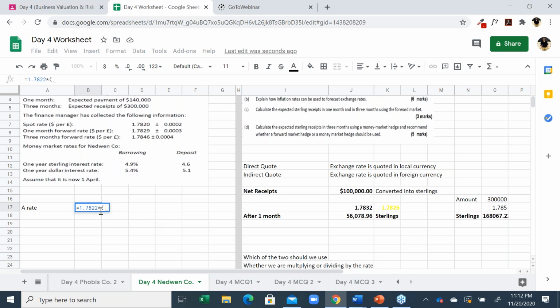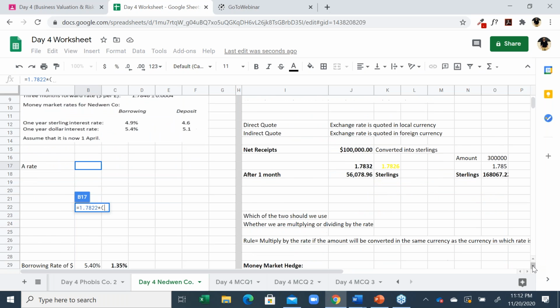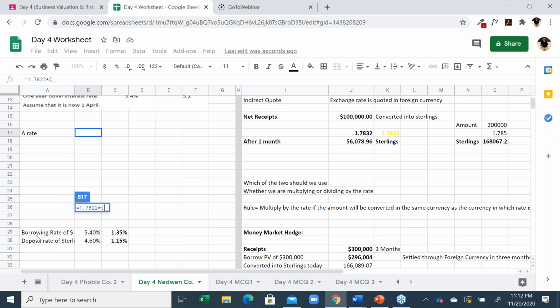As I told you, in the numerator we should always take the rate in which the exchange rate is quoted. The exchange rate is quoted in dollars. So in the numerator, we should pick up the interest rate of dollars. But which one, borrowing or deposit? That will be told by this one. We should pick the US dollar borrowing rate in the numerator, and add 1.